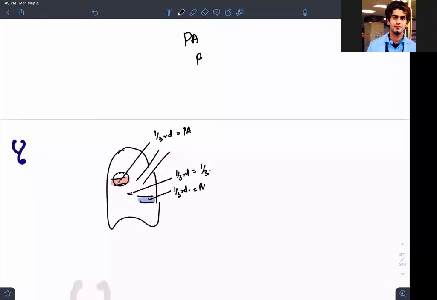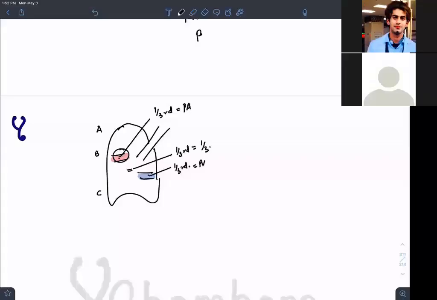If I take A, B, C for example, which of the following parts is gravitated? Where will the fluid gravitate? Down. So gravity will have more effect on the lower regions of the lungs. The gravity dependent portion of the lung will have PVR less.